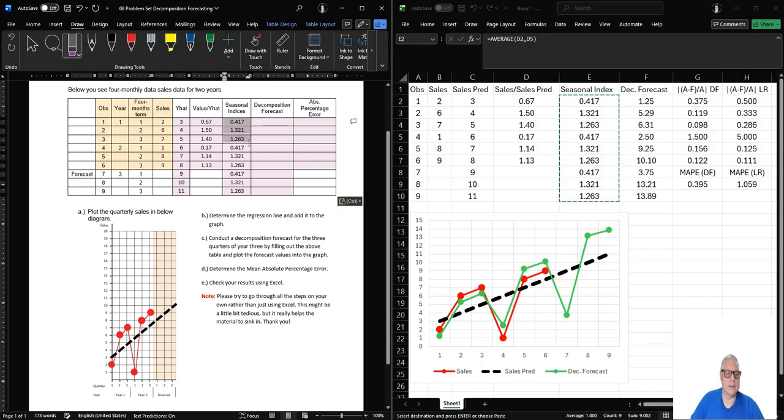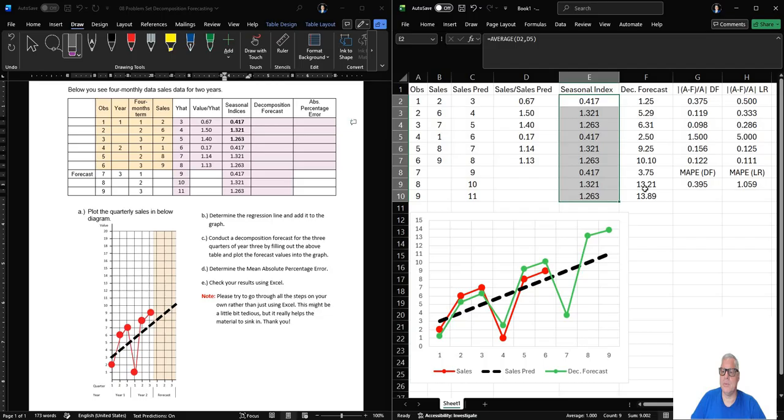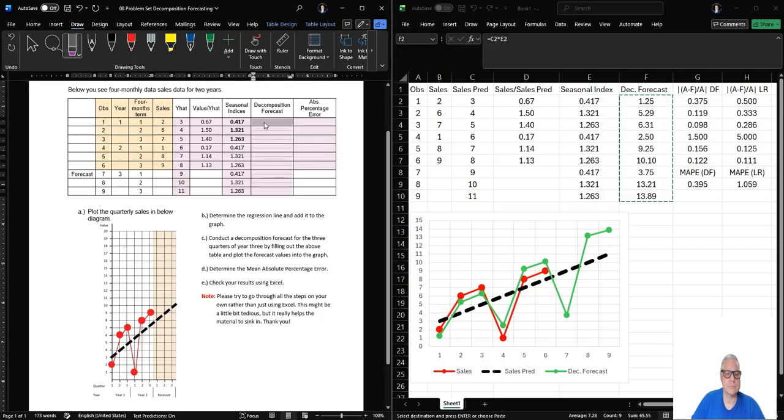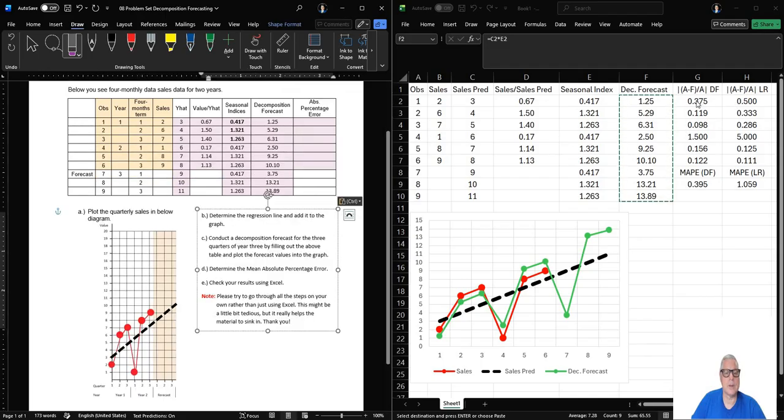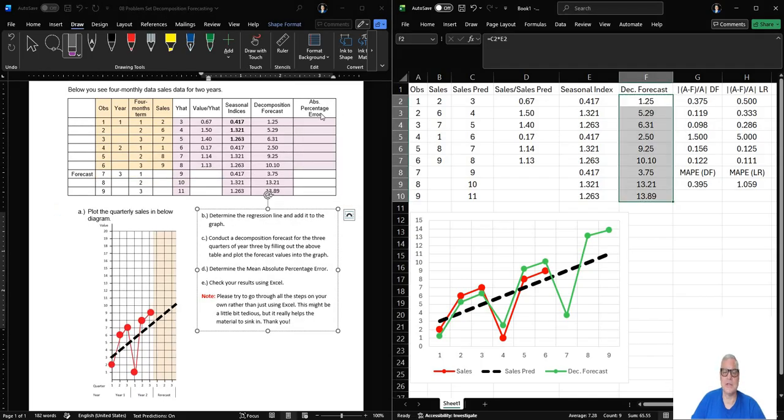And again, I make the first 3 bold because those are the actual ones that are being calculated from the average of the available value over y hat, and then they are just duplicated. And then we have the decomposition forecast. And we have the absolute percentage error, and this is only with respect to the decomposition forecast.